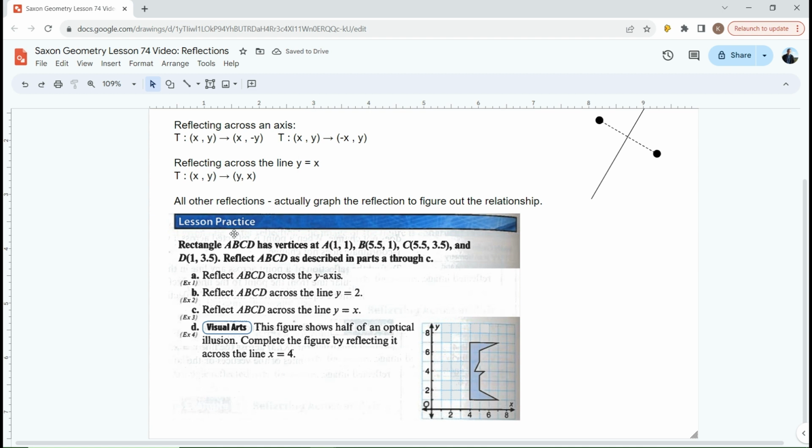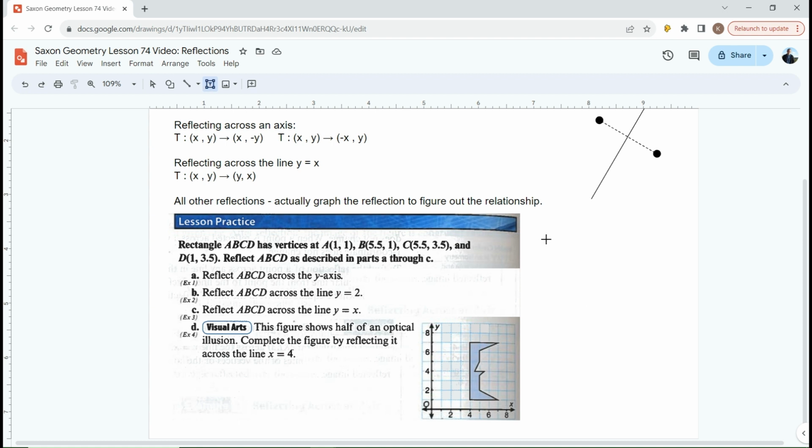I have A, B, C, D with vertices A(1, 1), B(5.5, 1), C(5.5, 3.5), and D(1, 3.5). I'm supposed to reflect A, B, C, D as described, okay? This says reflect A, B, C, D across the y-axis.